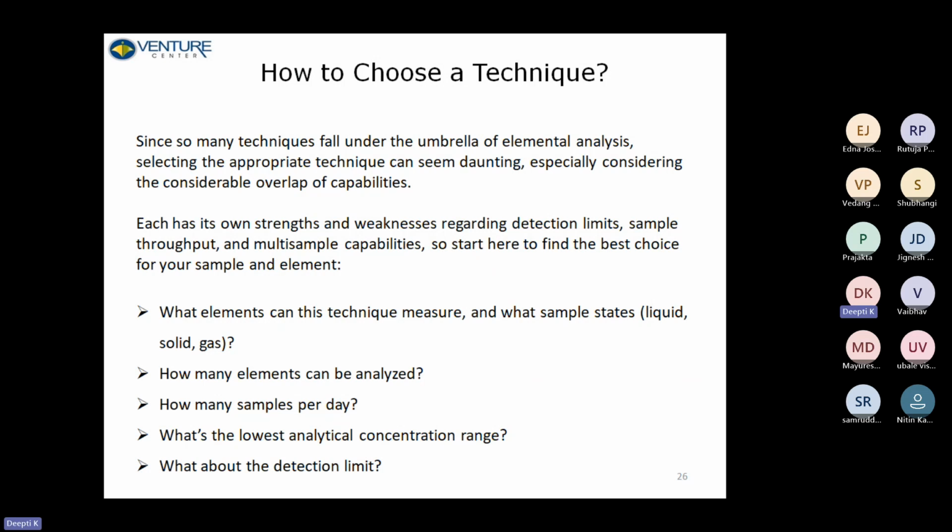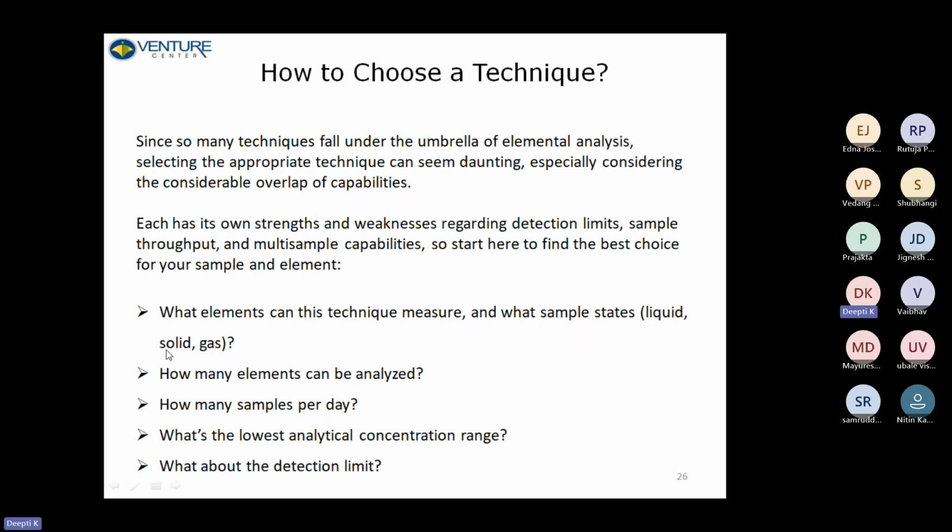So how to choose the technique from all the available techniques that we saw here? What should be our considerations in order to select a technique for a particular sample or application? First, each technique has its own strengths and weaknesses. So we need to start by understanding the sample state.